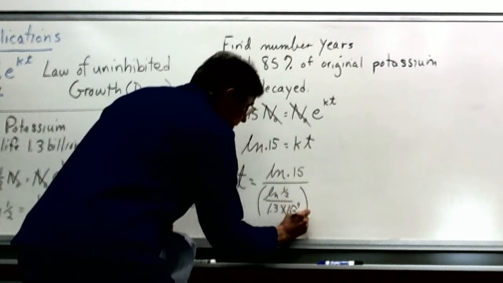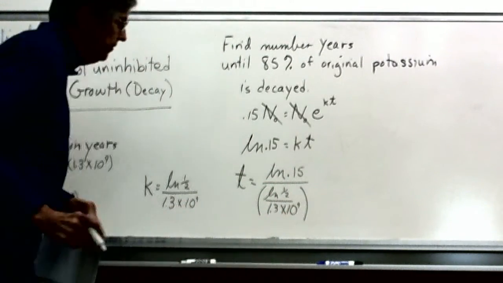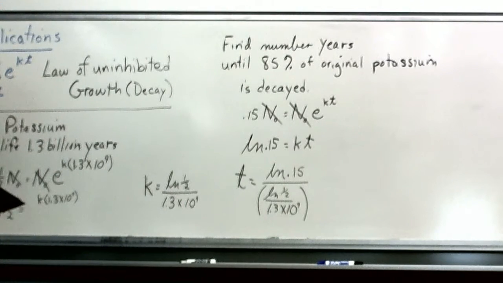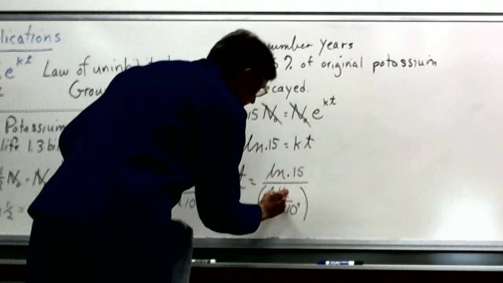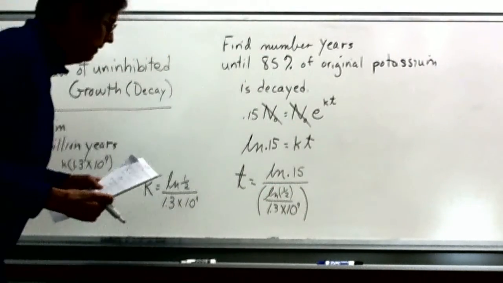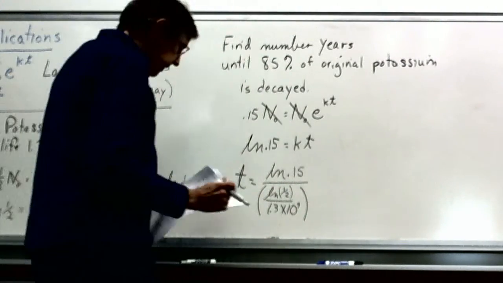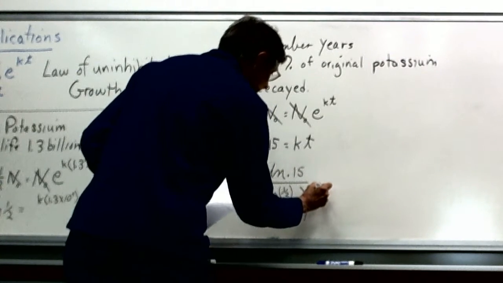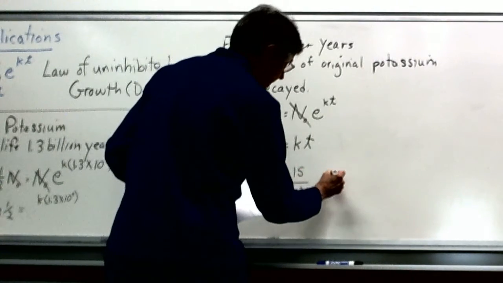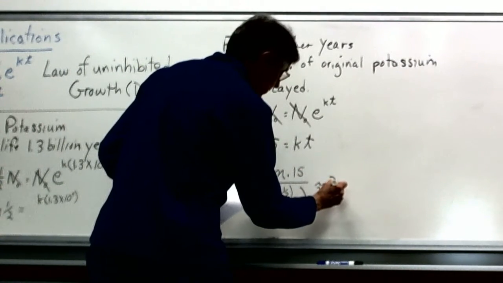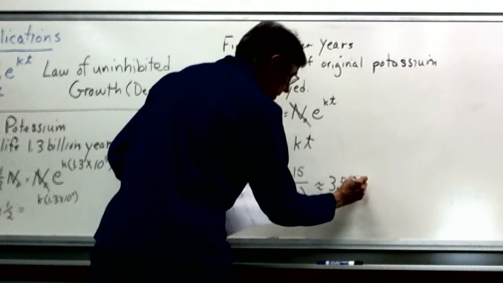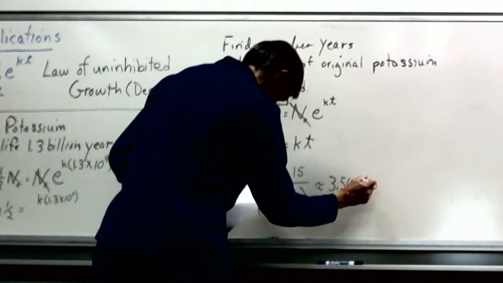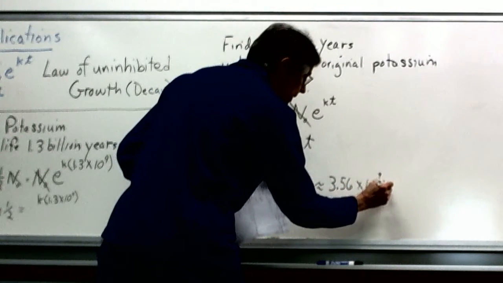And when you put this in your calculator, be sure that you've got parentheses around that fraction in the denominator. In fact, you'll have parentheses around the 1/2 also in your calculator. And it turns out to give us a number in scientific notation, 3.56 times 10 to the 9th years.